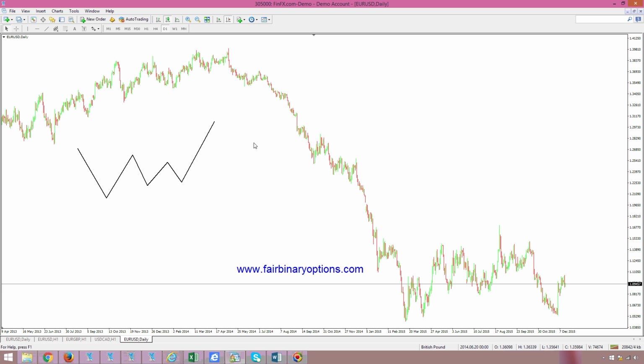Now, when you trade binary options, we are not really interested in the breakout higher after the triangle, but we are interested in being positioned in the right direction. Let's try to label this triangle here.